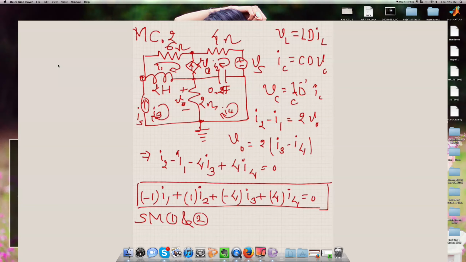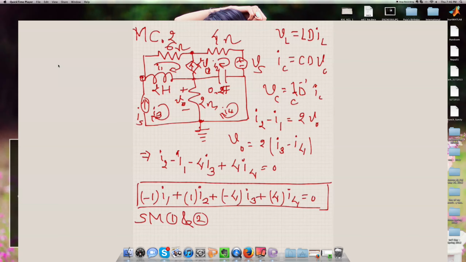While we do so, on either mesh 1 or mesh 2, we would have to go through the branch that has the current source, namely 2 V naught. So there's no way to tell how much voltage is across this source yet. So we like to avoid it, and the way to do that is go down the big loop containing mesh number 1 and mesh number 2.